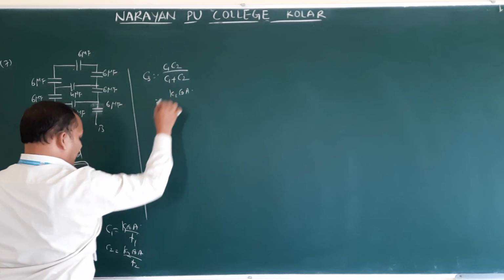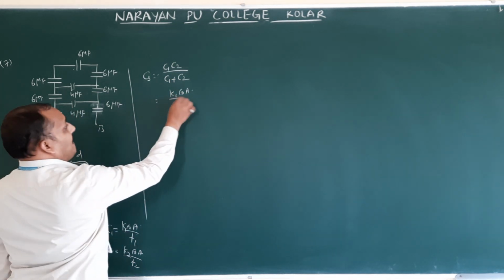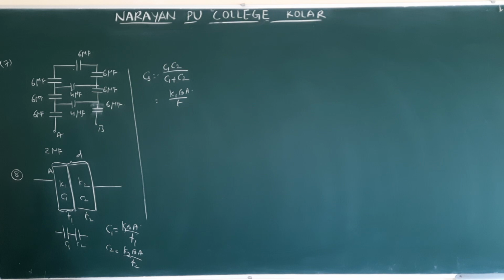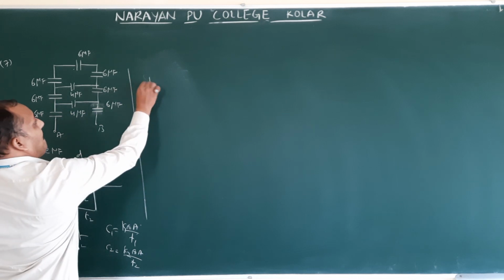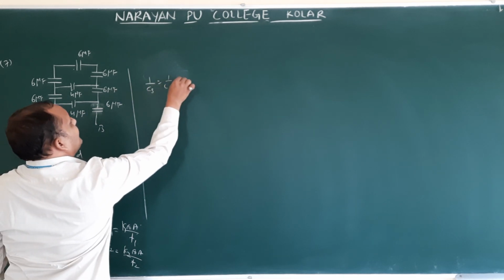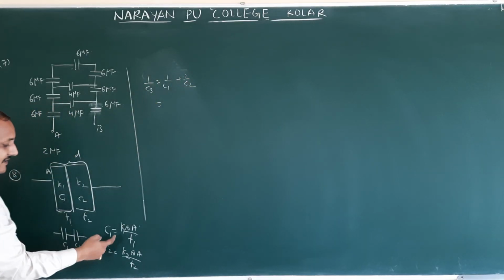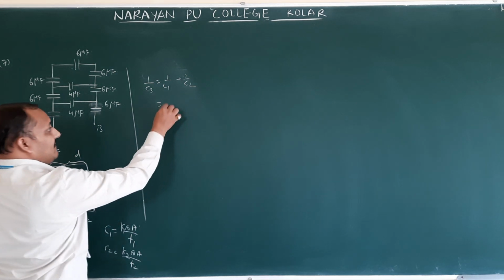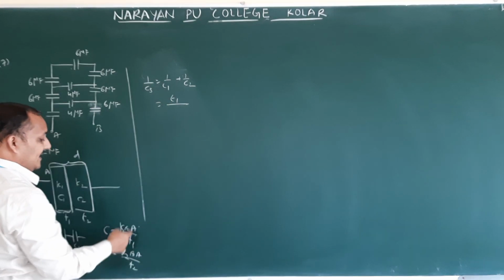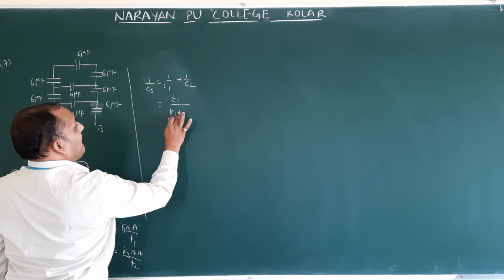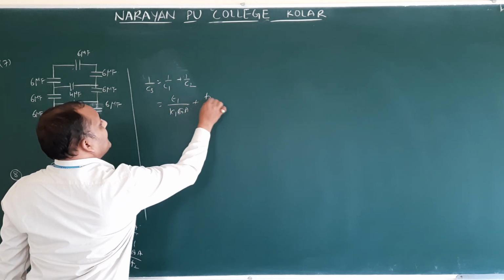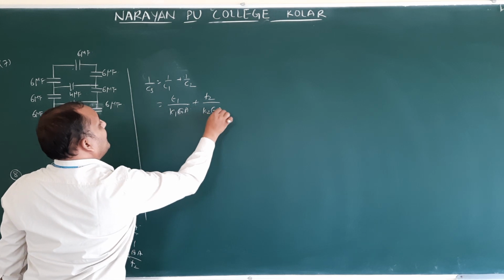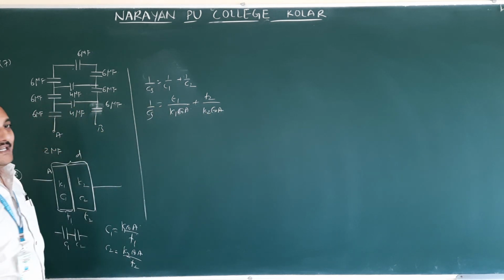Otherwise you can take that one, it will come very easily. 1 by CS is equal to 1 by C1 plus 1 by C2. 1 by C1 means the reverse of this one, T1 by K1 epsilon naught A, plus T2 by K2 epsilon naught A. This is 1 by CS.